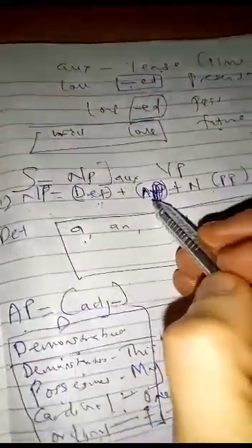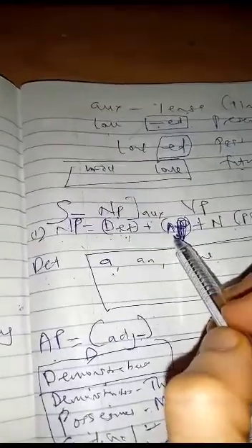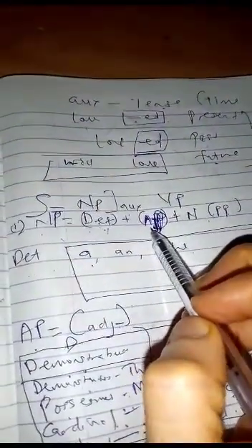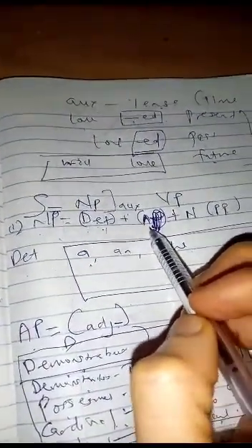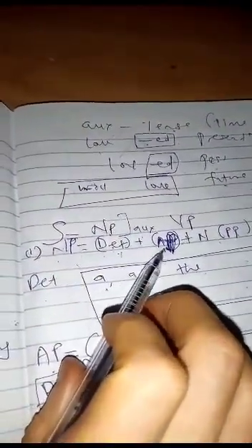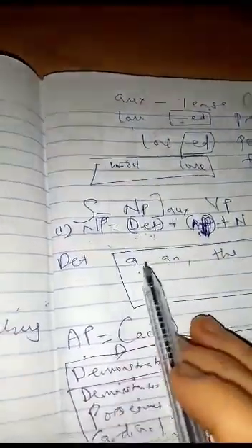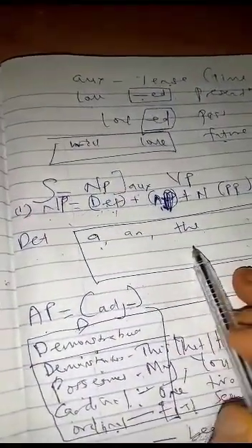But the optionality here tells you that it's possible you find an adjective. It's also possible you don't find an adjective. So be very, very vigilant of the kind of word that you see. If it's a determiner, it's in between a, an, and the. If it's an AP or an adjective, it is within the NP.